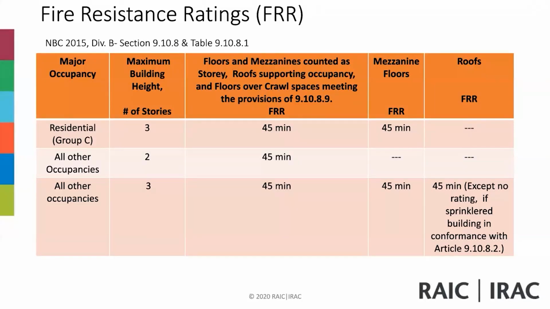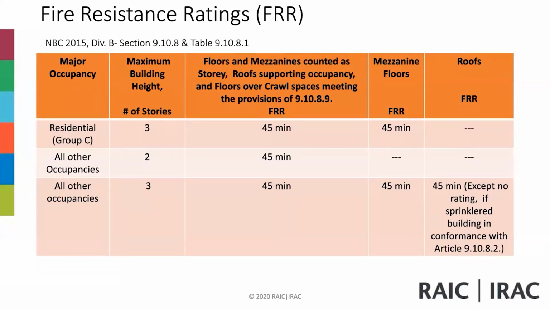Can someone tell me what's the condition where a crawl space exceeds 1.8 meters in height or is used for any occupancy or as a plenum in combustible construction or for the passage of flue pipes? It shall be considered as a basement in applying the requirements of Article 9.10.8.1.